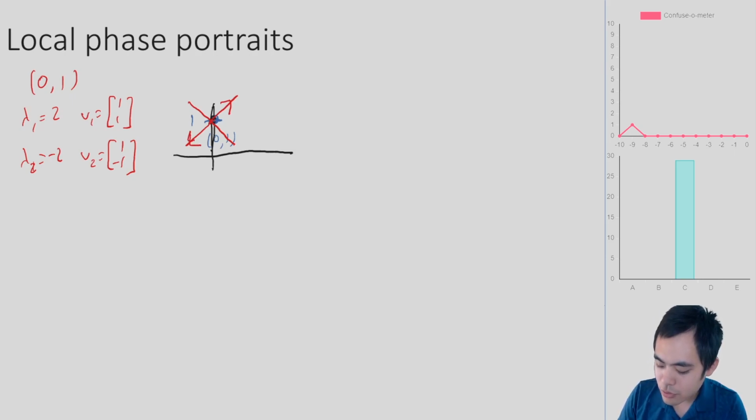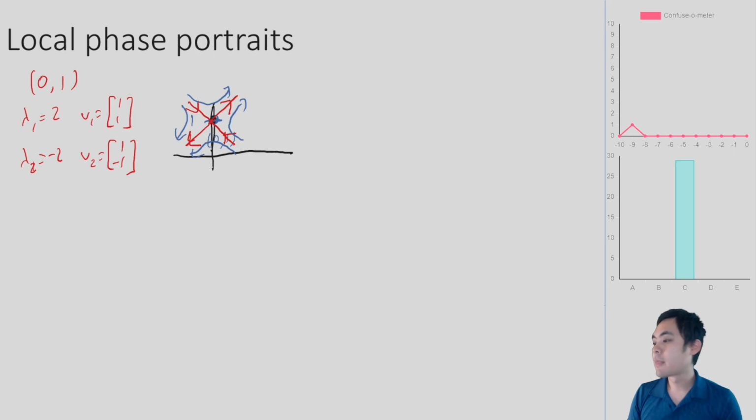The other eigenvector has a negative eigenvalue, and so it goes inward along that eigenvector. The behavior around this point is going to look like this. Now, we don't know what happens off here in the distance; it could go anywhere. But we know that close to the equilibrium point, it's going to have saddle point behavior, because we just looked at the Jacobian matrix at that point.